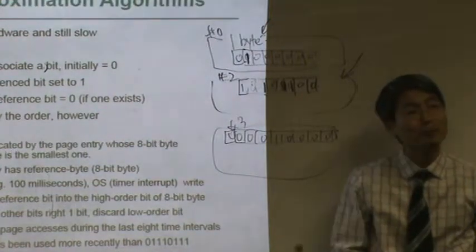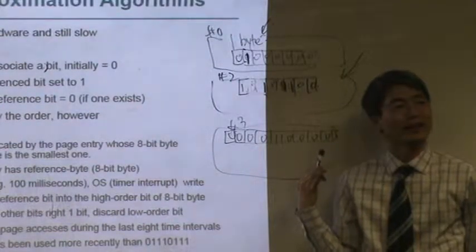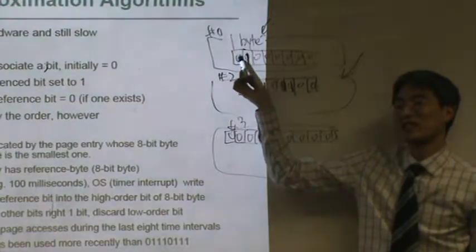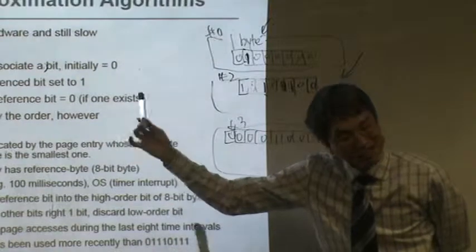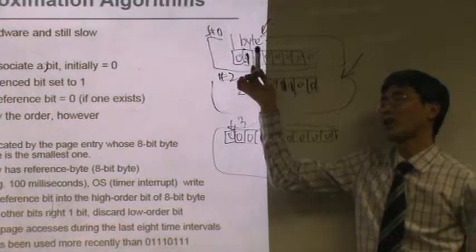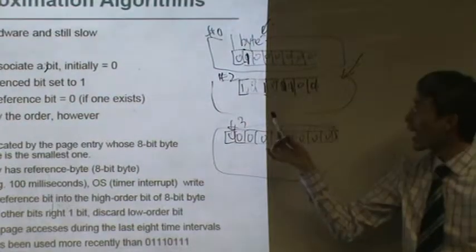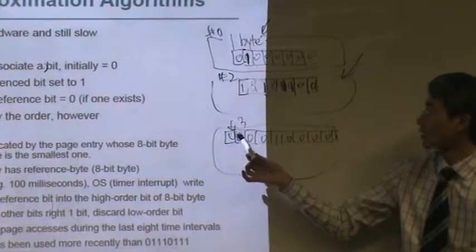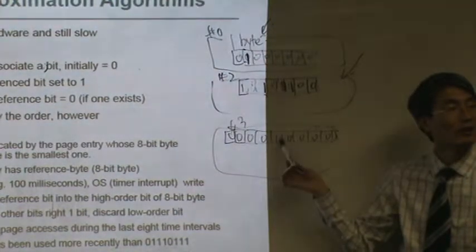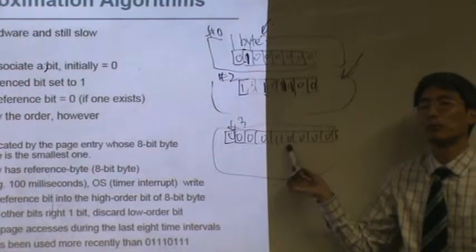In other words, the victim page will be the one with the lowest number. Why? If a page is referenced, the most significant bit will be set to 1, then shift. So if a page is not referenced, like this one, how many times was it not referenced? 1, 2, 3, 4. 4 times. So this is the least recently used page, the LRU page.